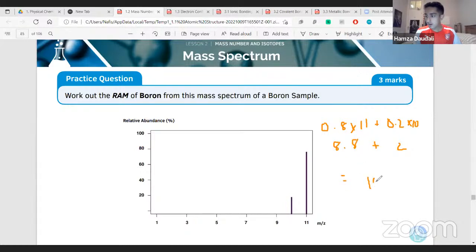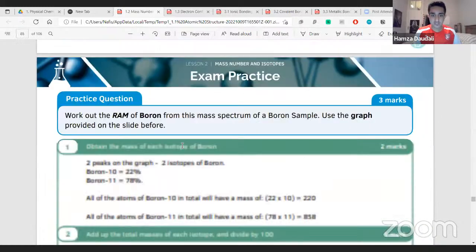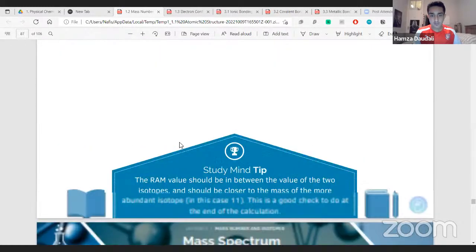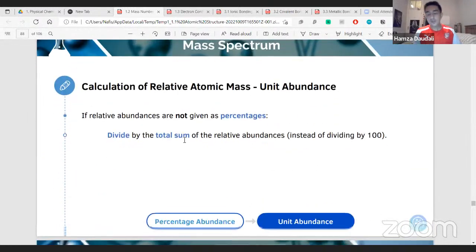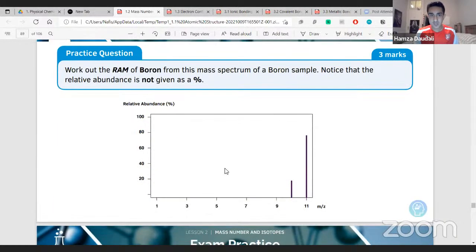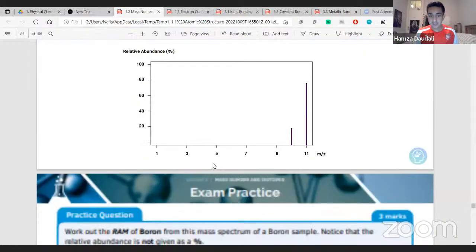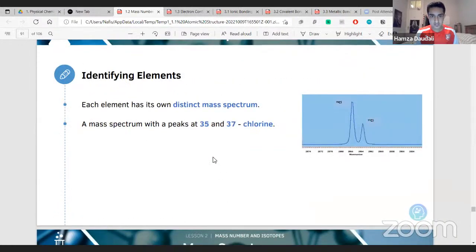You get a relative atomic mass of 10.8. That's the best way to do it when you're just calculating it directly. But if relative abundances are not given as a percentage, you can divide by the total sum of your relative abundances instead of dividing by 100.